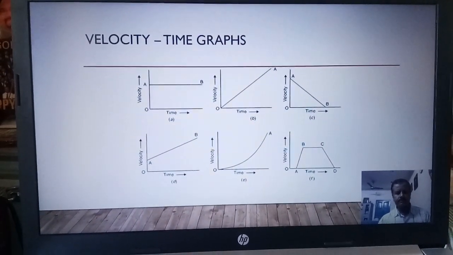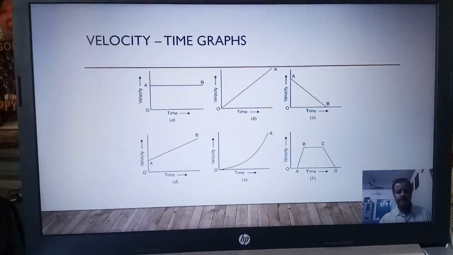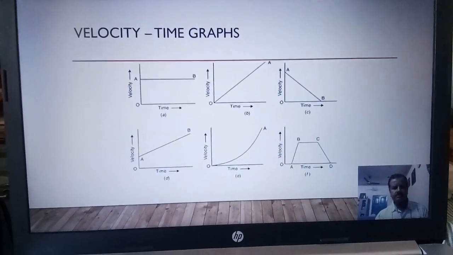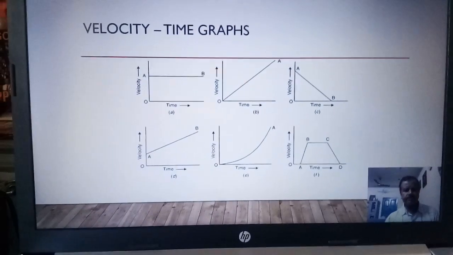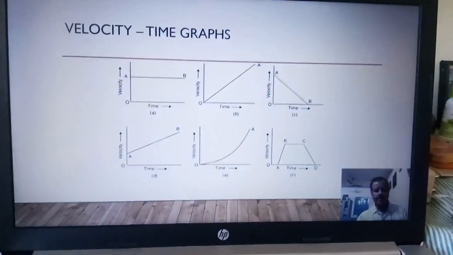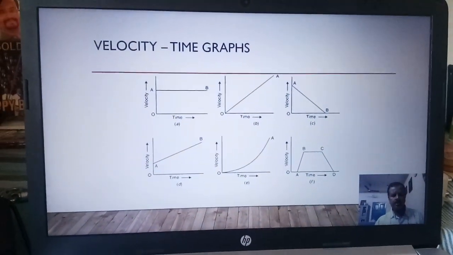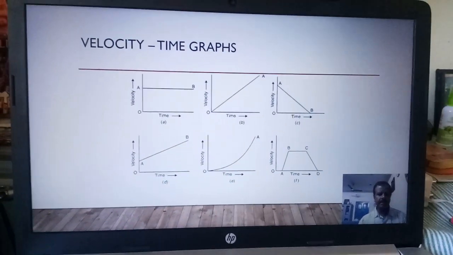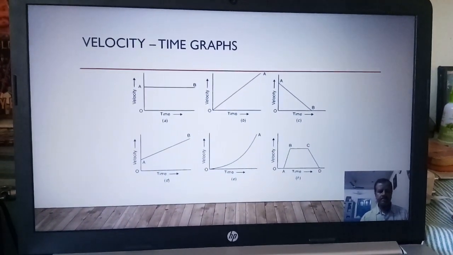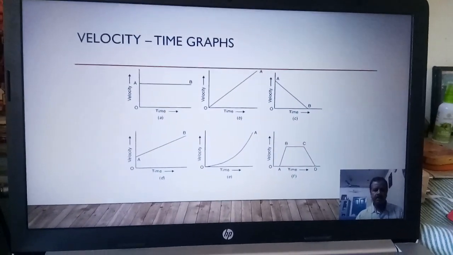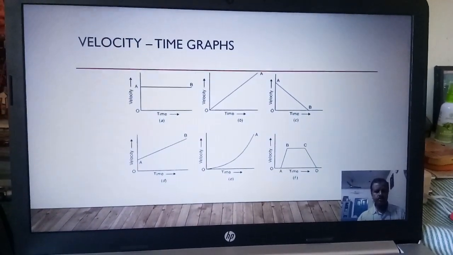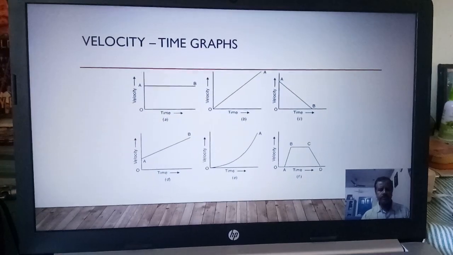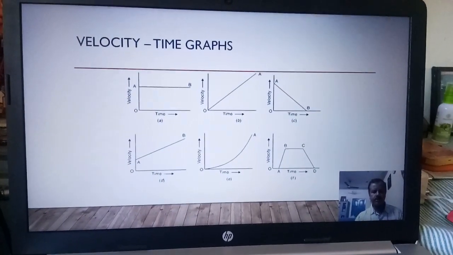And the fourth one, D, represents again a velocity time graph, in which you will find that at time t equal to 0, the object is having some initial velocity which is represented at A, and at some other time t it is having a higher velocity at B. So at time t equal to 0, it is some non-zero velocity.